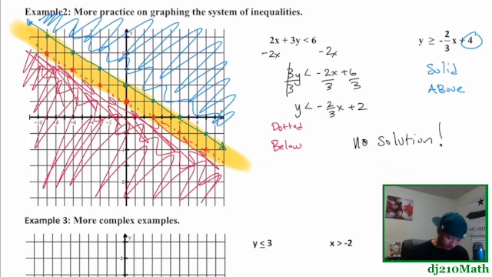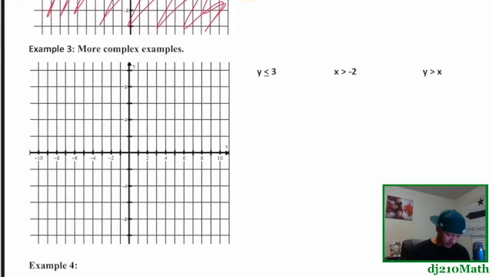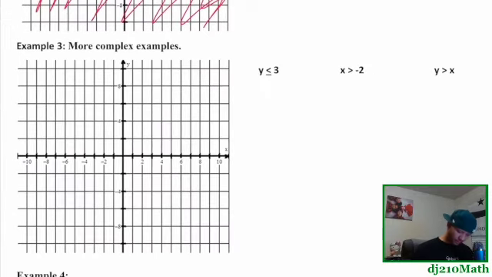Sounds interesting. Oh, look, we got 3 on this next one. Example number 3. We have 3. Haha. So let's do it in red. y is less than or equal to 3. So first off, this is a solid line, because it's or equals, and we're going to shade below.